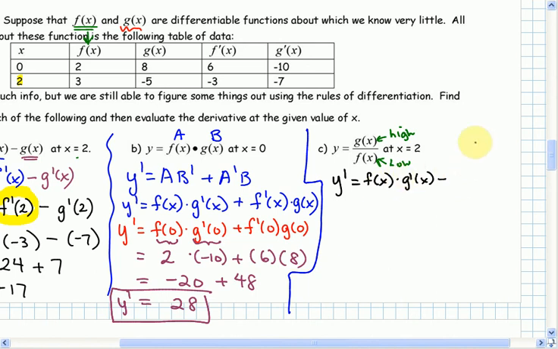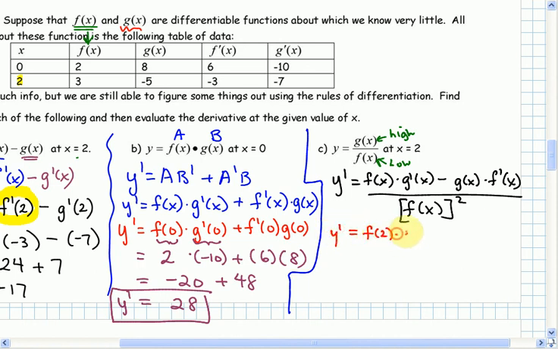Low, d high, less high, d low. Square the bottom, and here we go. F of 2, g prime of 2, minus g of 2, f prime of 2, over f of 2 all squared.